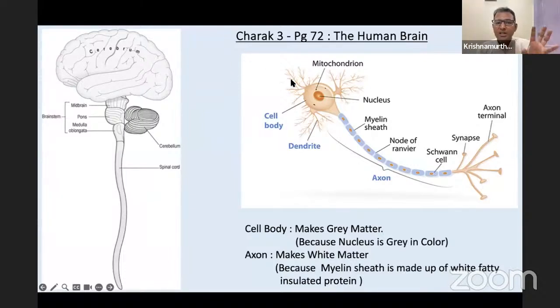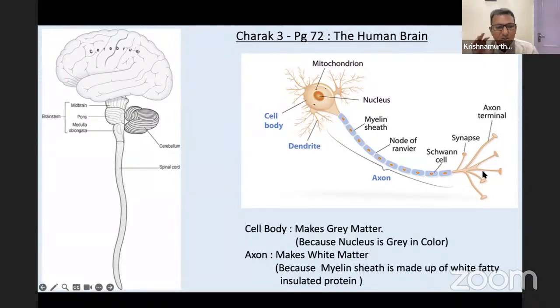And it has different structures which will connect to the tail of the next one. And this is the midsection, which is called as the axon. And it is mainly made out of fat. And this is the tail.